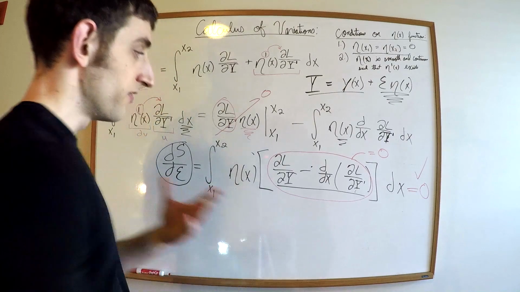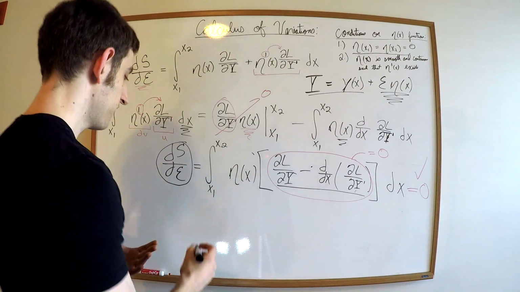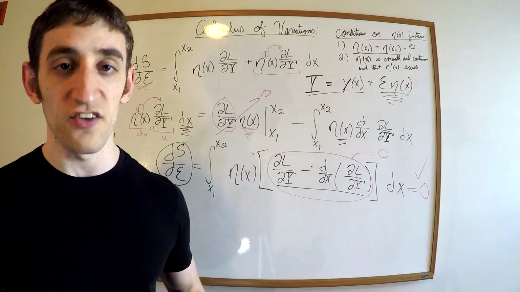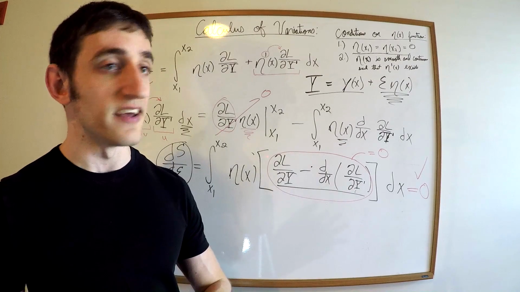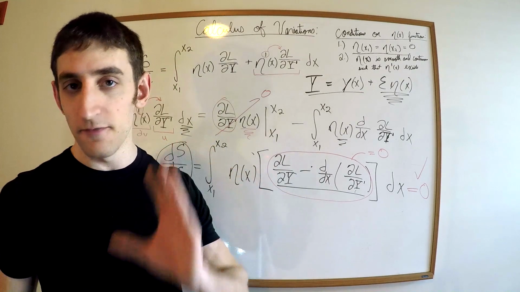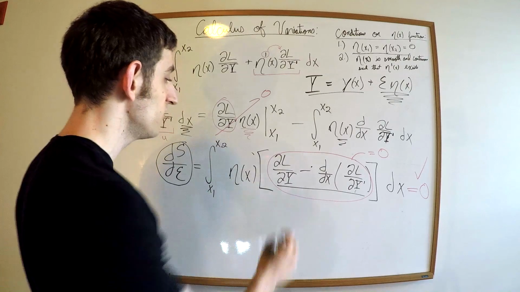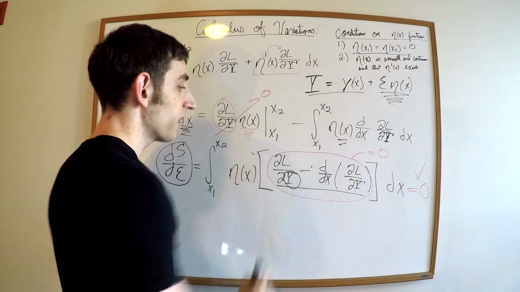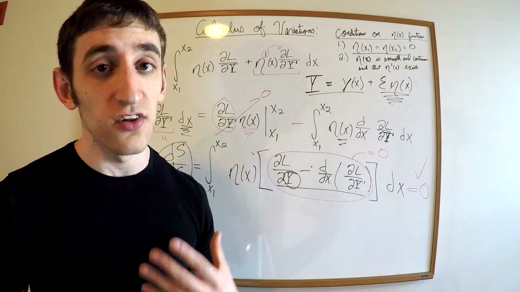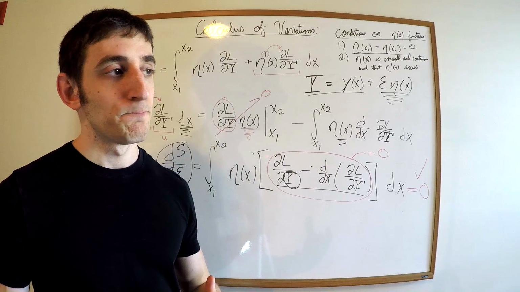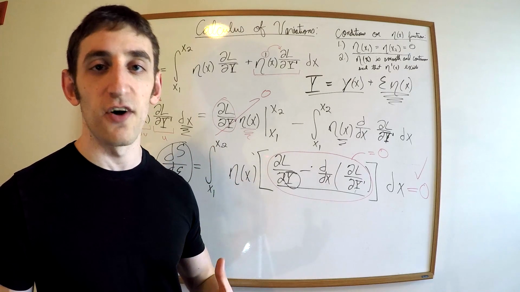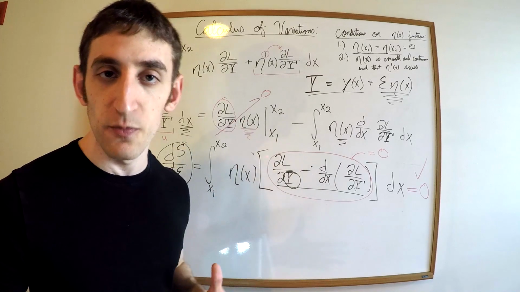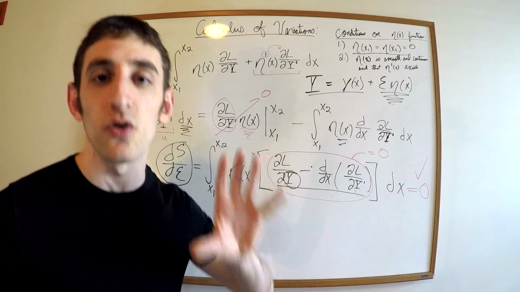So there you have it. We have the Euler-Lagrange equation here. And what I'm going to do might make some people upset, but I'm just going to change this variable y such that it looks like the Euler-Lagrange equation that you see in textbooks, online, and stuff like that. So it looks familiar.